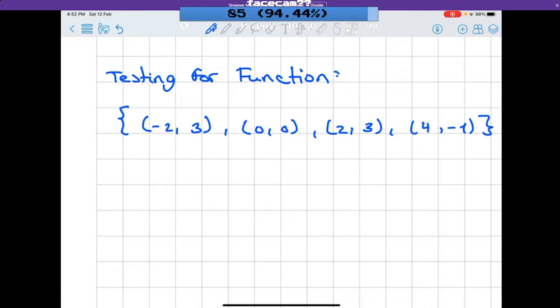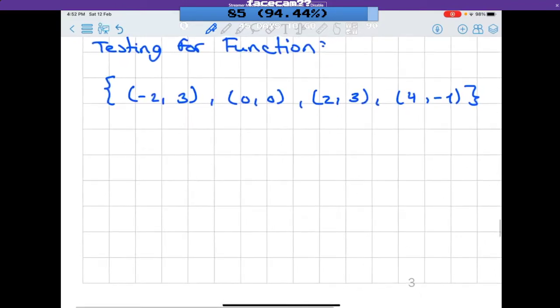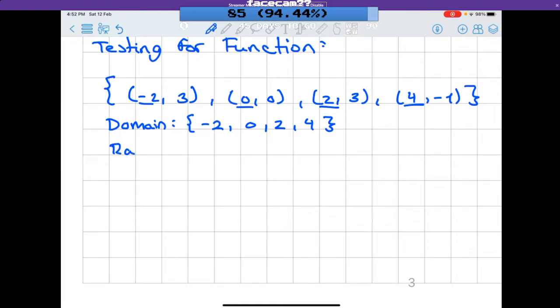First things first is stating out what your domain is, okay, to make it easier. Our domain would be -2, 0, 2, and 4, right? All the x values from the given coordinates. And our range will be all the y values, which would be 3, 0, 3, and -1.